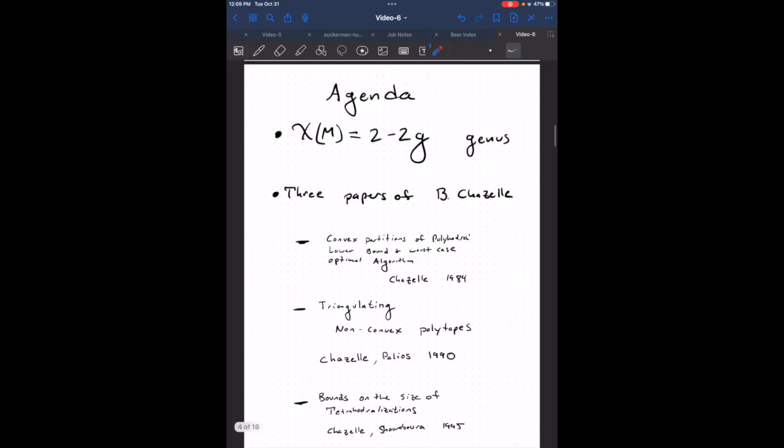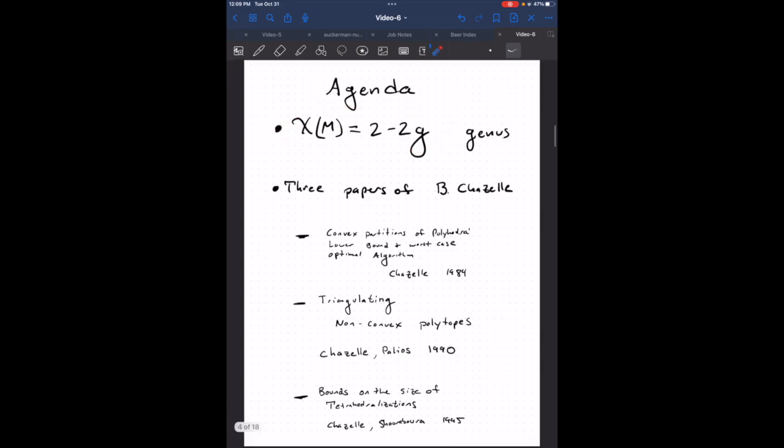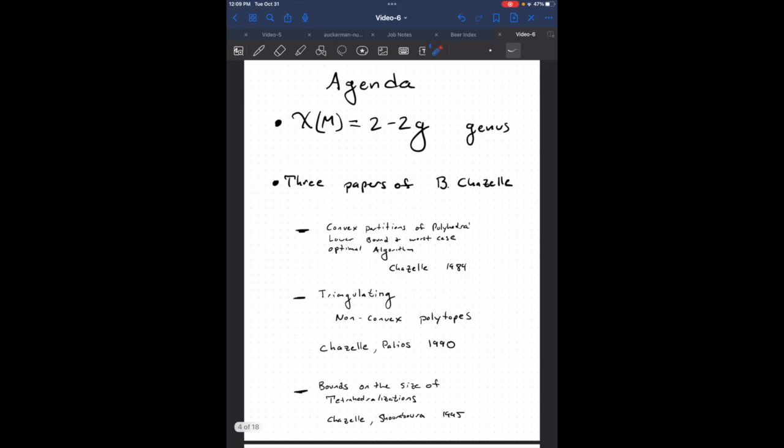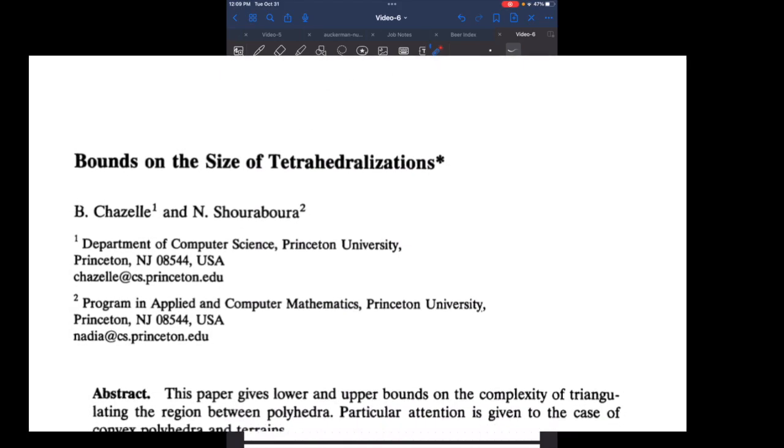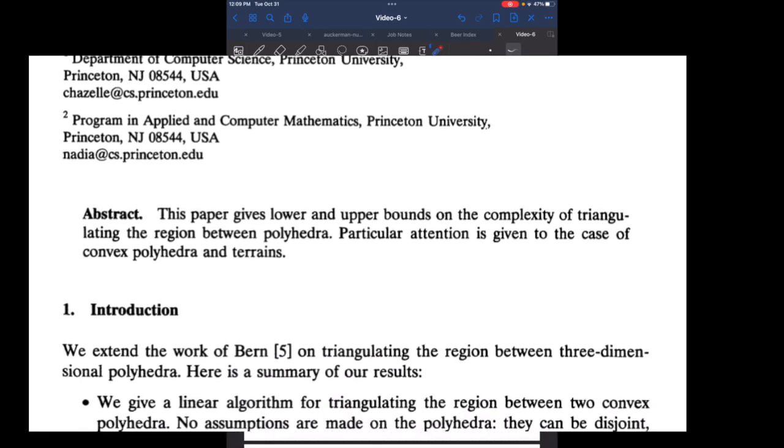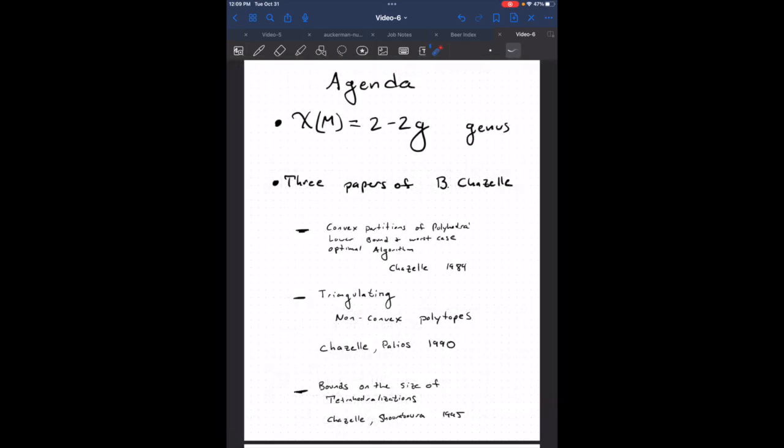All right, so our agenda for this video is we're going to talk about genus very briefly, and the fact that the Euler characteristic can be related to the genus via this formula. We'll give some intuition for that. And then we're going to talk about 3 papers of Bernard Chazelle, and we're really going to focus on this last one where the Gauss-Bonnet theorem is used, and we're going to use the Gauss-Bonnet theorem to remove the genus from an algorithm.